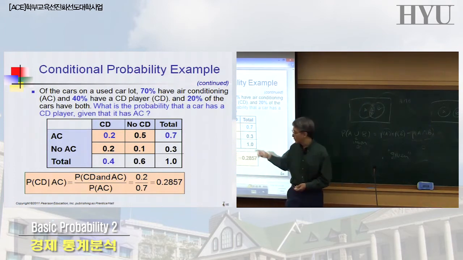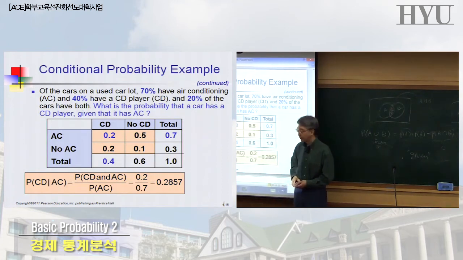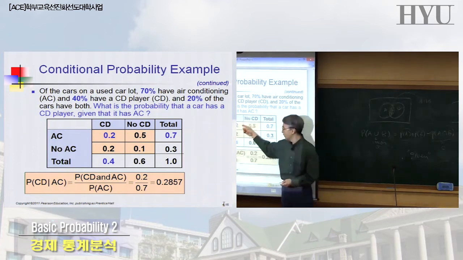What about these probabilities inside? 0.2, what are we talking about here? Joint probability between CD and AC.